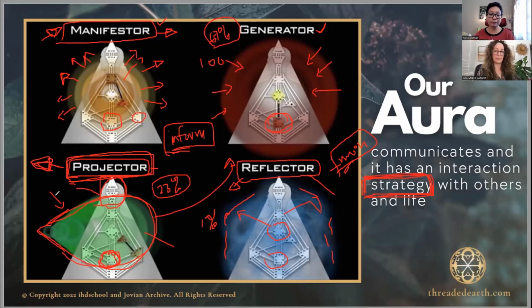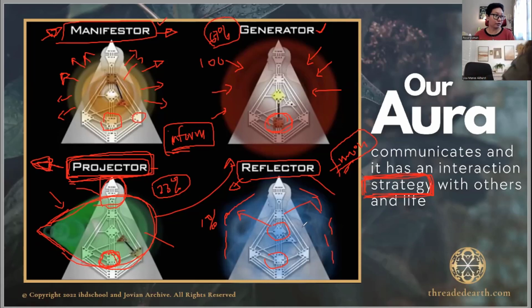And a reflector, don't jump into anything too spontaneously. Take your time to reflect, take your time to understand your awareness and sample and see the environment and see others, because you are here to sample. So these are the 4 types and 4 auras, how they function and what their strategy is.